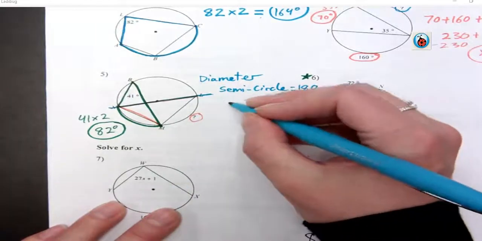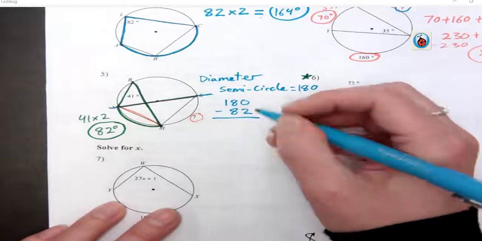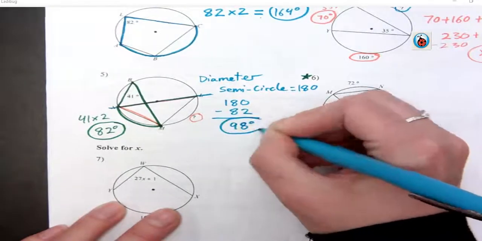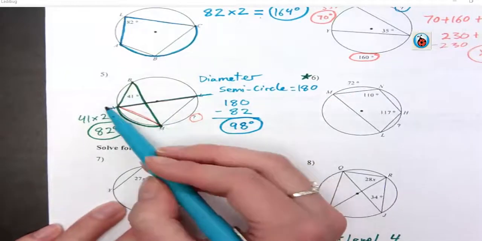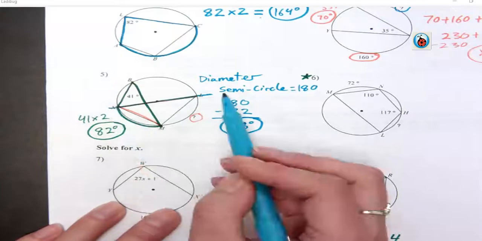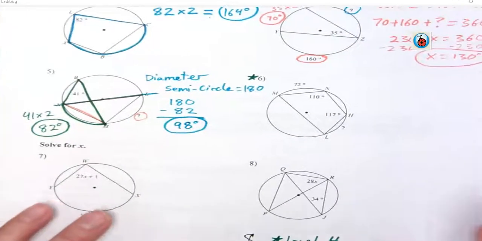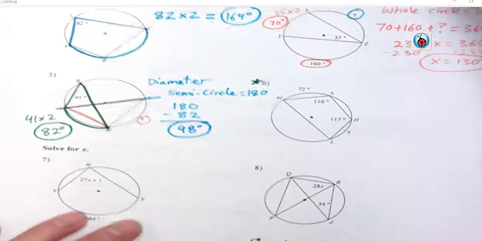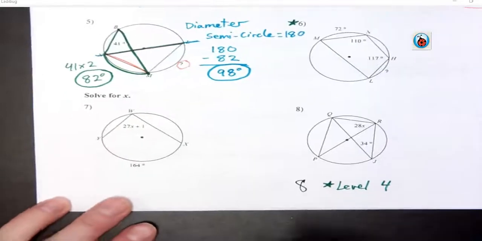And so to find my missing part, I just do 180 minus the 82 that I already have to get 98 degrees. Okay, again, like a puzzle, we're just finding what we have. We have 2 clues, the 41 and the straight line, and that lets us find what we need. Okay, problem 6 is our level 4 advanced question, so we're going to do it at the end. We'll come back to that one.